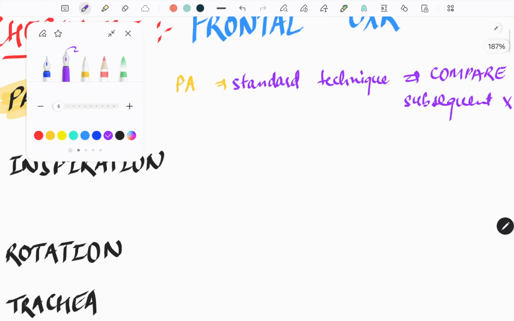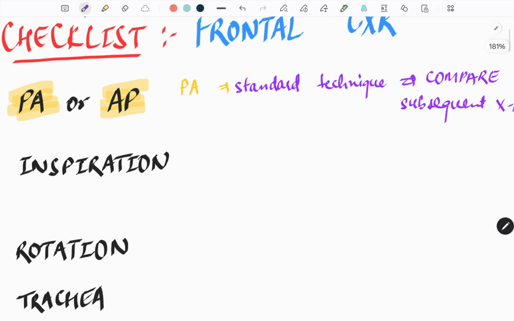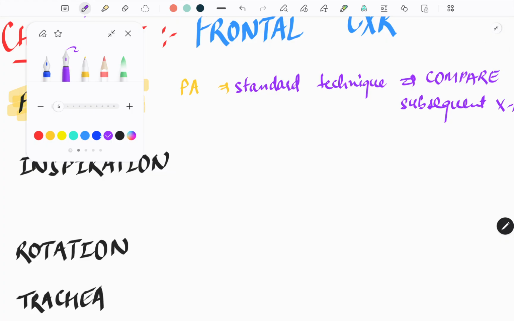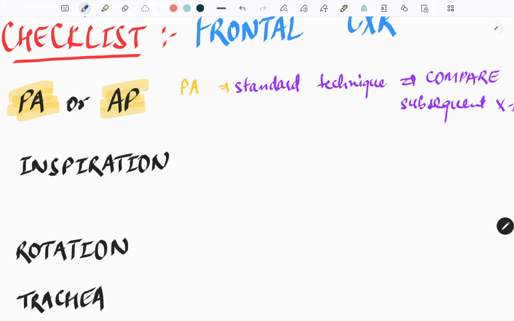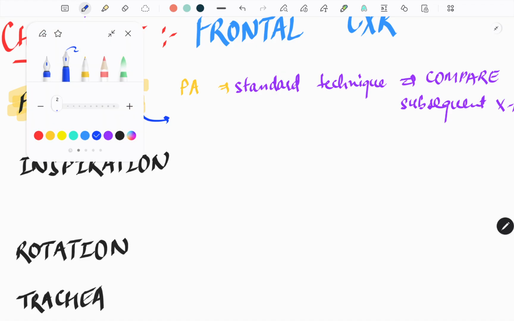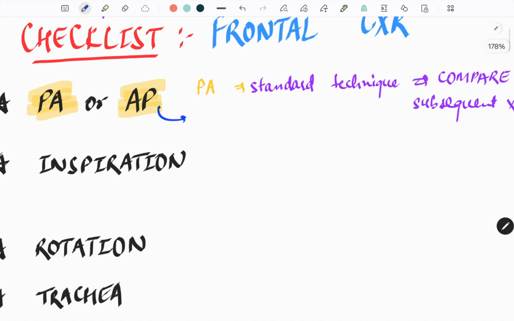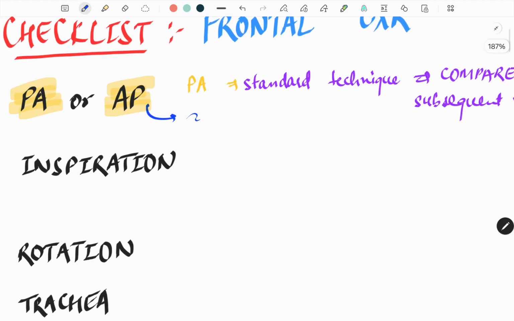Now, what will happen if we are provided with an AP radiograph? As we all know, AP will produce magnification.